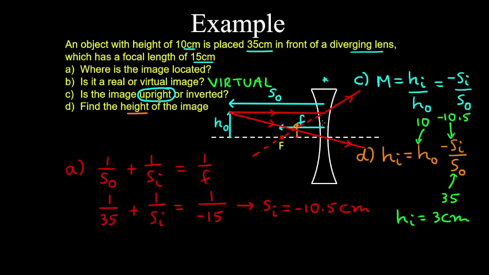Because this drawing is not to scale, the location and height of the image are slightly off from the calculation. So our result, using the lens equation, looks correct.